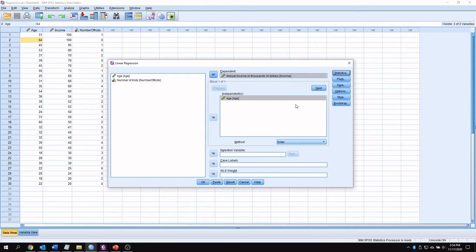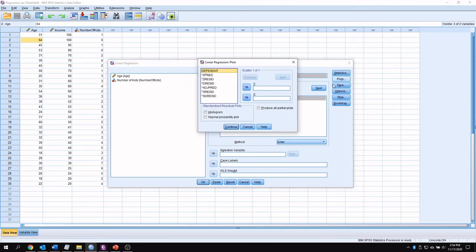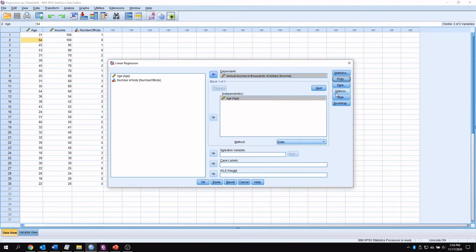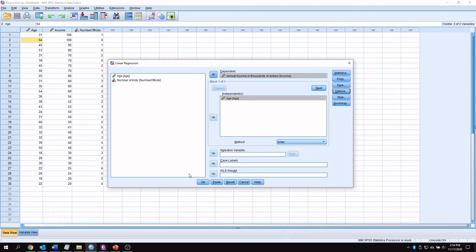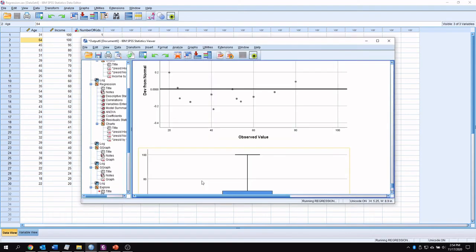We'll click continue. Plots, we are going to put our predictor in the X and our residual in the Y, and we'll look at a histogram and normal probability plot. We'll click continue, and I think that's all we're going to do for now, and we'll click OK.